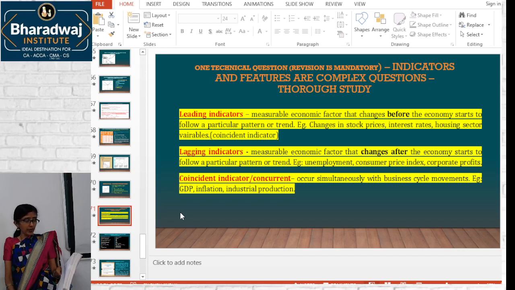During the period of contraction, first option is supply exceeds demand. Second one, demand exceeds supply. Third one, supply is equal to demand. Fourth one, it depends upon the economic condition.